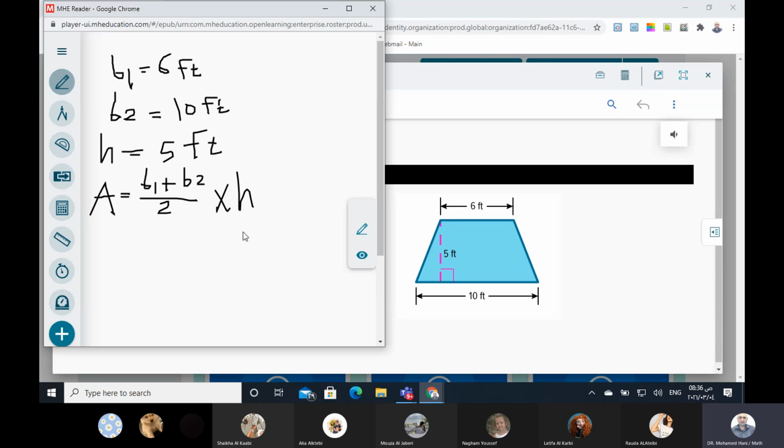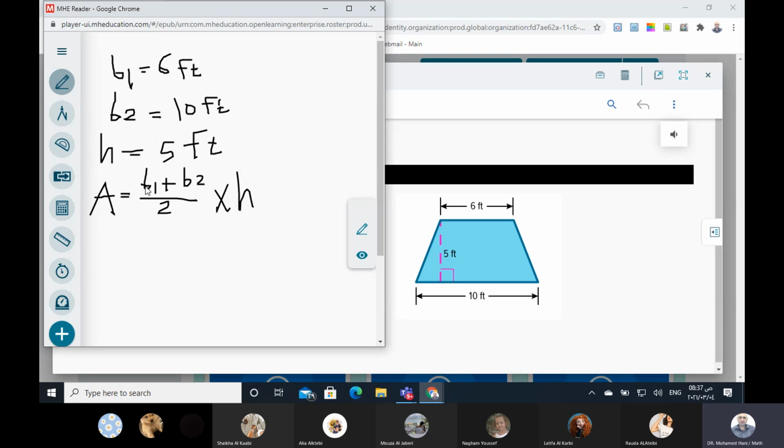Okay, listen to me. The type of this quadrilateral is a trapezoid. As you see here, we have the small base, 6 feet, and here we have the big base, 10 feet, and here we have the height. To write the information: P1 equals 6, P2 equals 10, height equals 5. Then how to find the area? Write the formula.